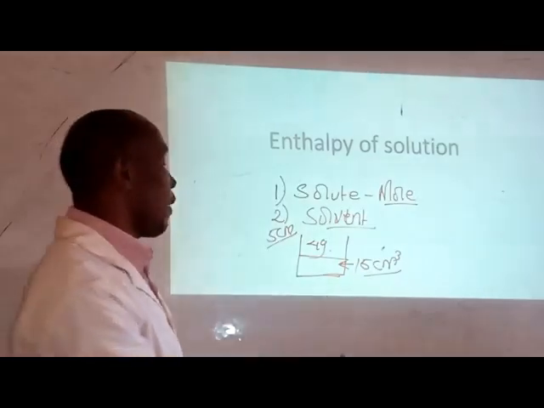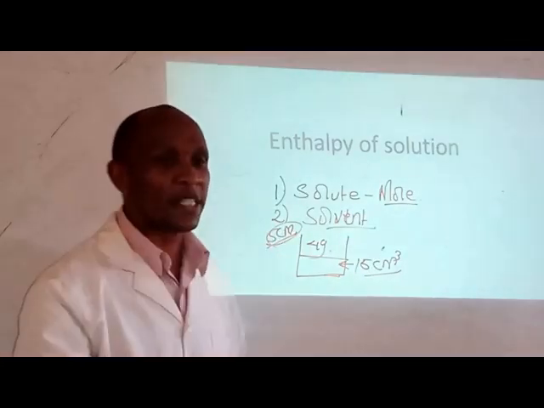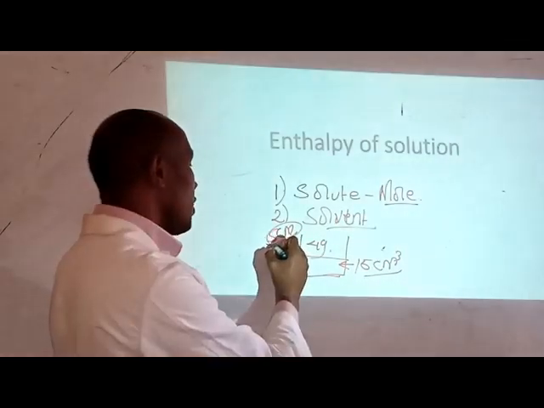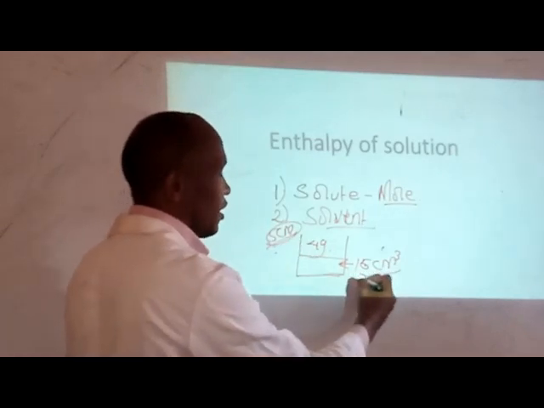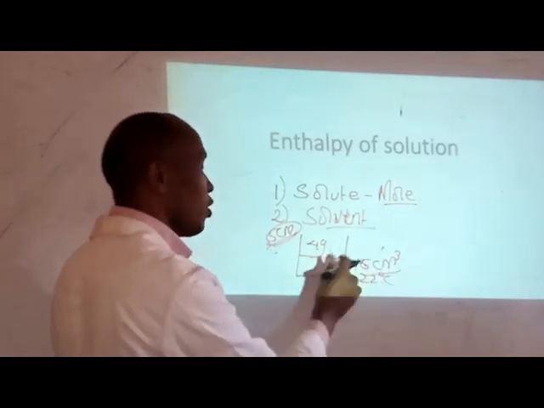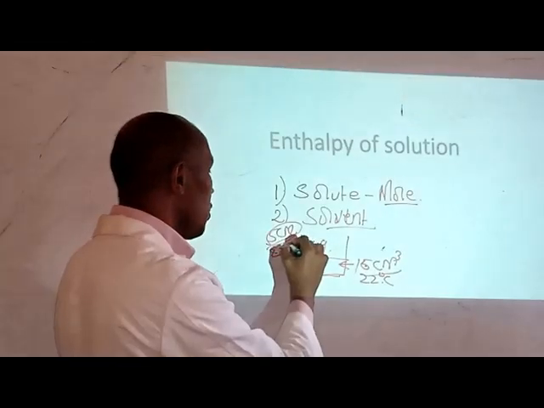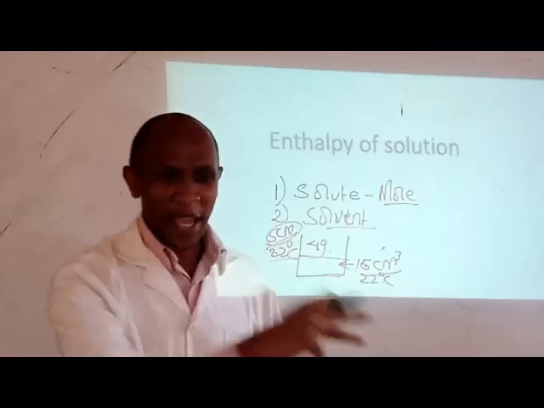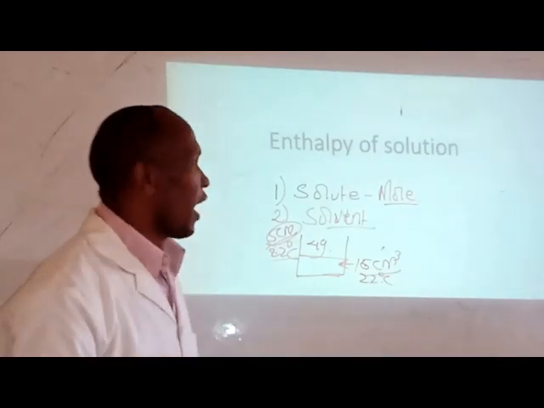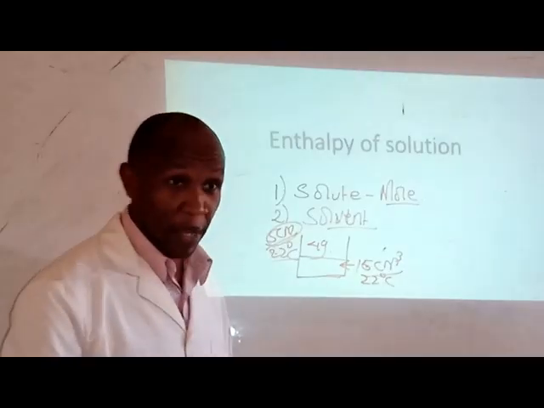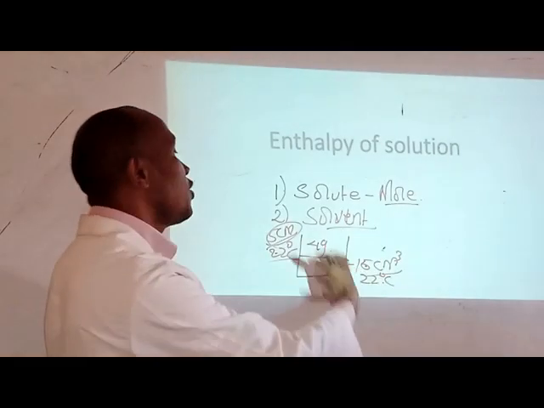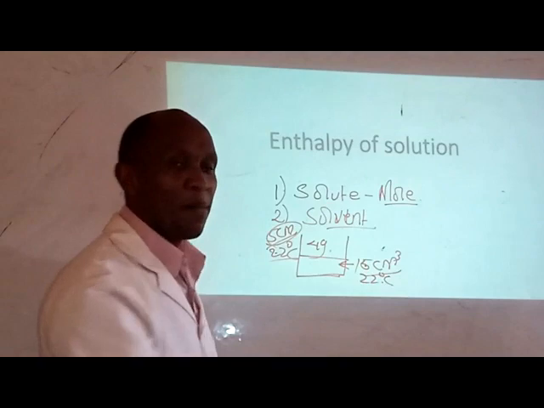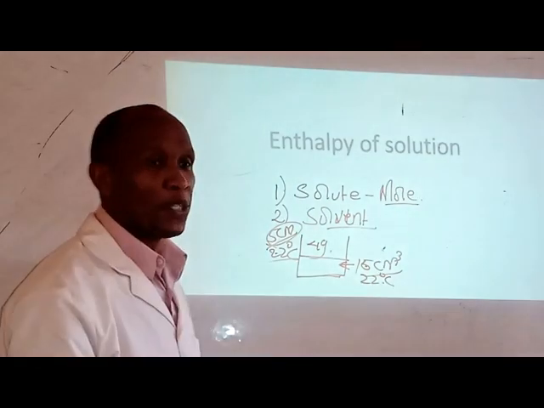I was expecting that when I add 5 cubic centimeters of water, of course they will be at the same temperature, say 22 degrees Celsius, because I'll allow this to cool. When I added water, I was expecting the temperature to remain constant, because I should have gotten the maximum amount of energy that is possible to get.